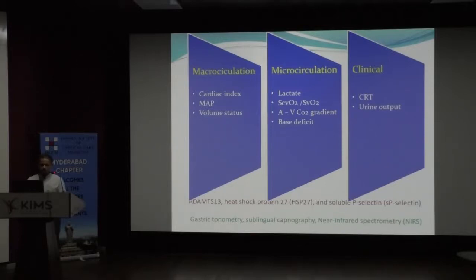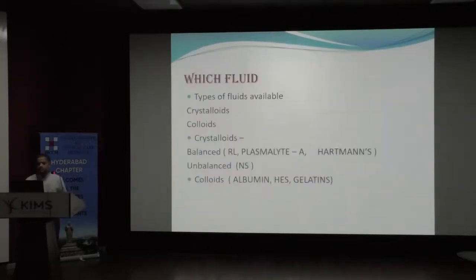We also have mixed venous oxygen saturation, central venous oxygen saturation, arteriovenous CO2 gradient and base deficit. These are the microcirculation markers we can try to address so that the microcirculation is better. And next is clinical: capillary refilling time, mottling time and urine output. The ones I mentioned below, gastric tonometry, sublingual capnography and near-infrared spectroscopy, are still under evaluation. In future we may get them.